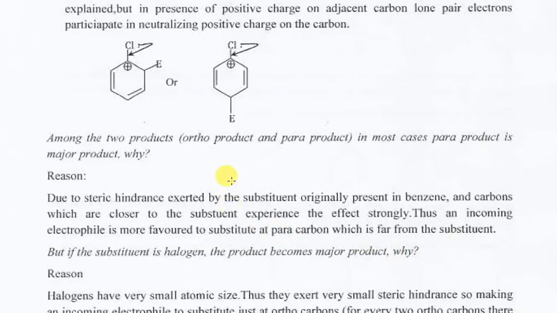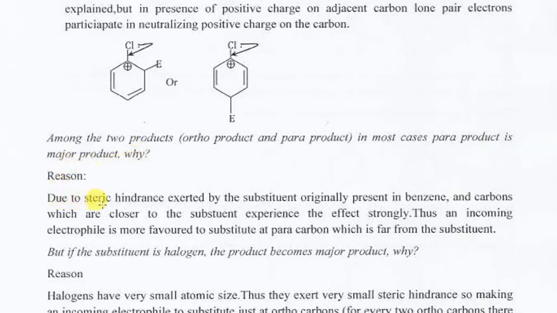So among the two products, ortho product and para product, in most cases para product is major product. Now why? The reason behind is because of the steric hindrance. Kama nakumbuka tulidiscuss kuhusu steric hindrance as one among the factors which affect the organic reactions. So due to the presence of a group na kuattach kwenye ortho position, manake tutatakiwa tuweze kufika kwenye ile carbon, na kwa sababu group nyingi zinakuwa zimeoccupy space, kwa hiyo zinasababisha steric hindrance.